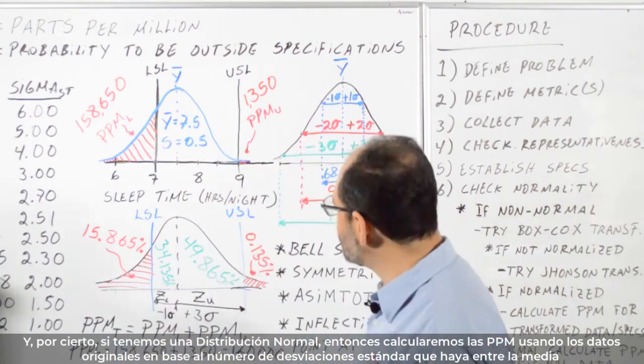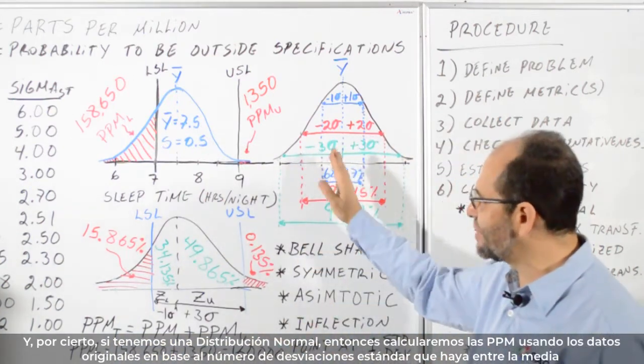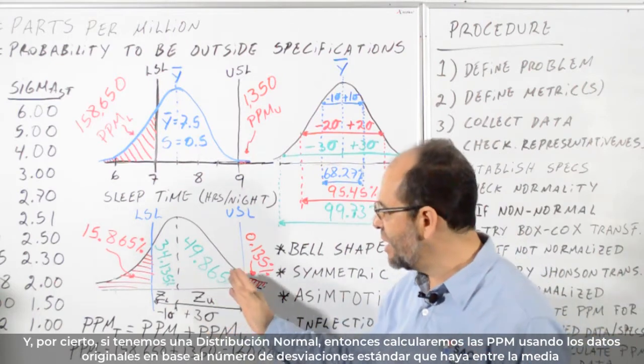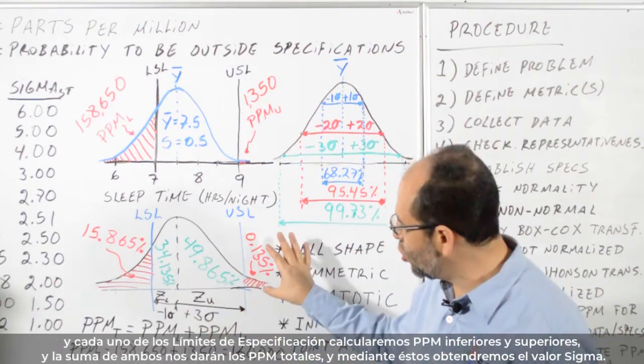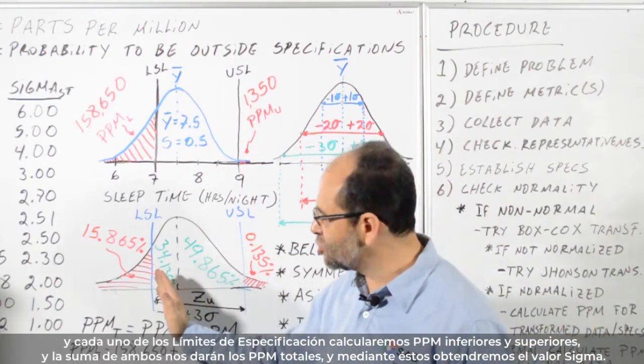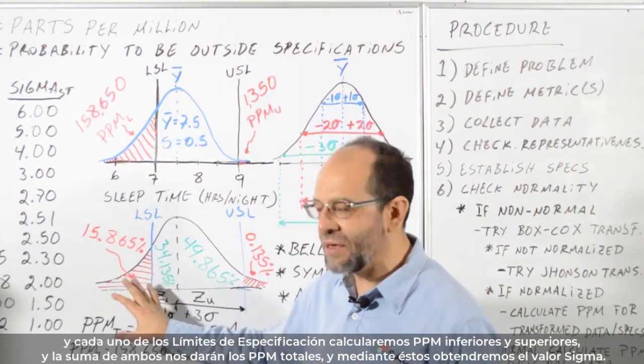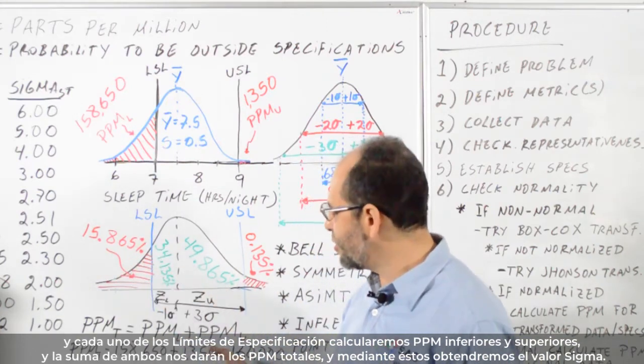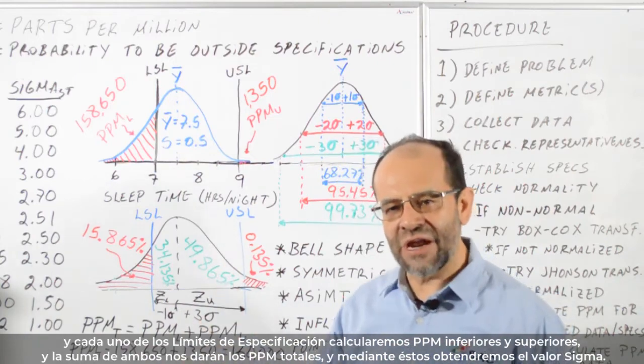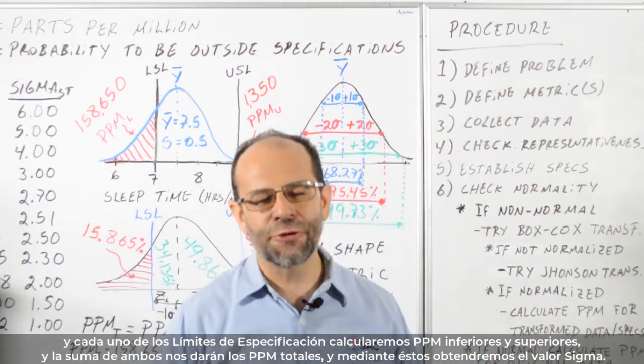And basically, based on the number of standard deviations that are there between the mean and the upper specification limit, you will calculate PPMs. The mean minus the lower specification limit, you will have the PPMs lower. And if you add them together, you will have the total PPMs, and from there you will establish your sigma value.